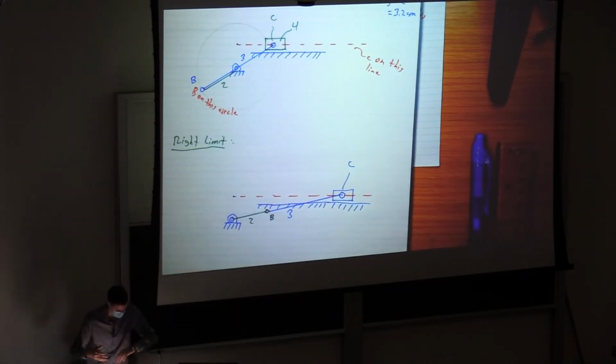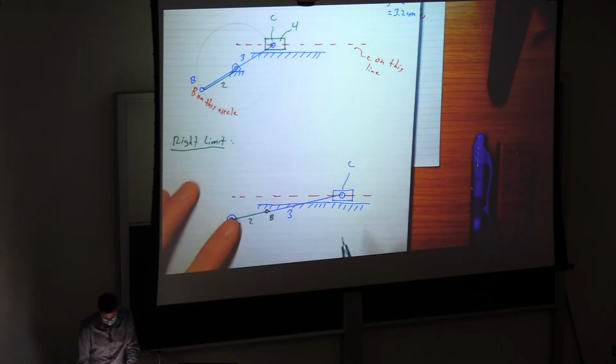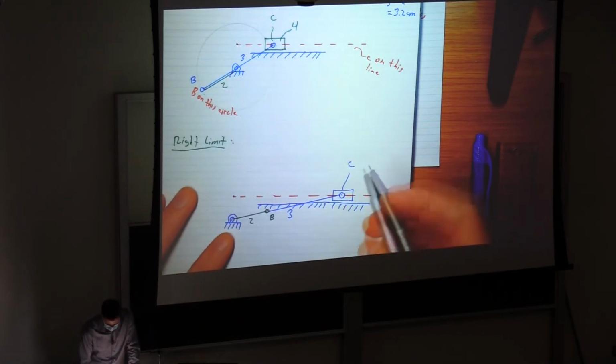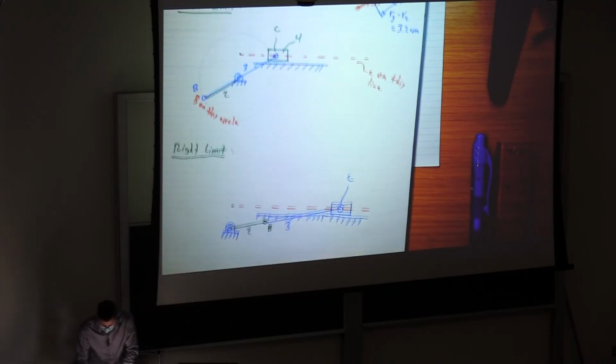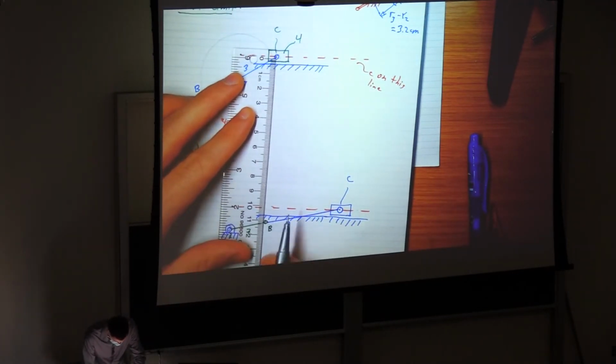The last thing that we need to calculate in our last 20 minutes here is, our total goal is finding where the limit positions are and using it to calculate our timing ratio. So this is the limit position. We could actually compare these.